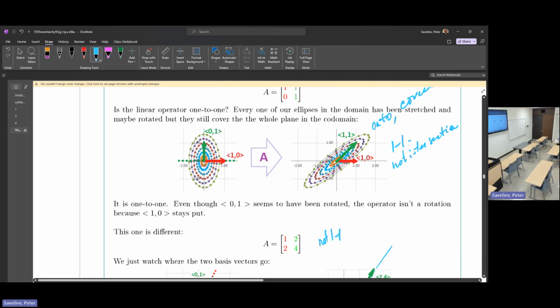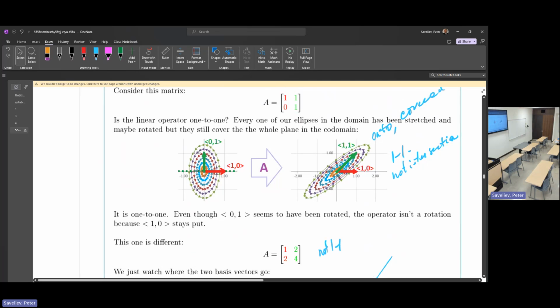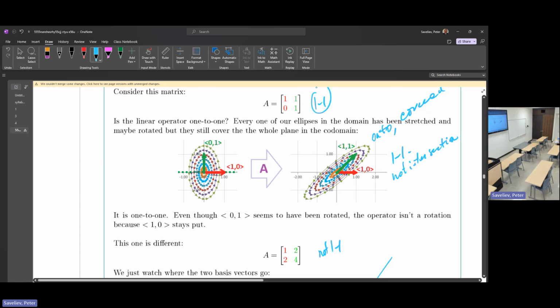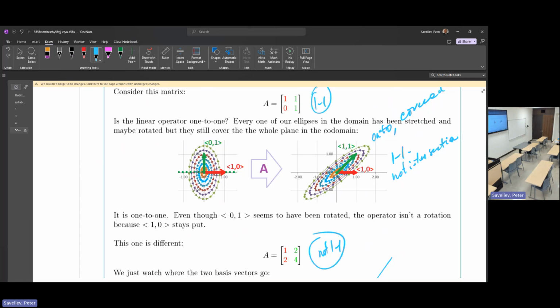Okay, and I'm comparing that. We know that at the top right here, this is one-to-one. Okay, so can you see the difference between the two matrices? What would suggest to you with the second matrix that it might not be one-to-one?